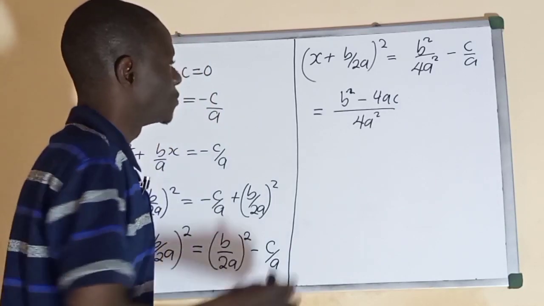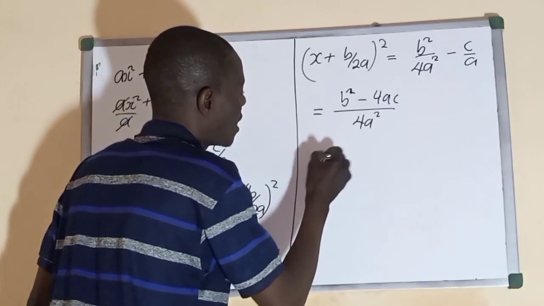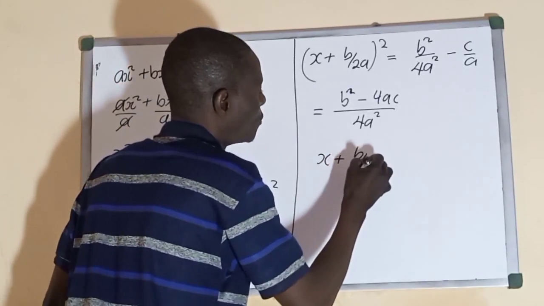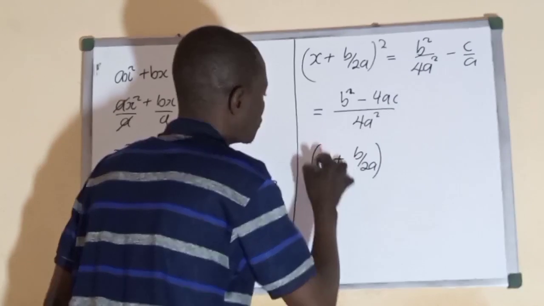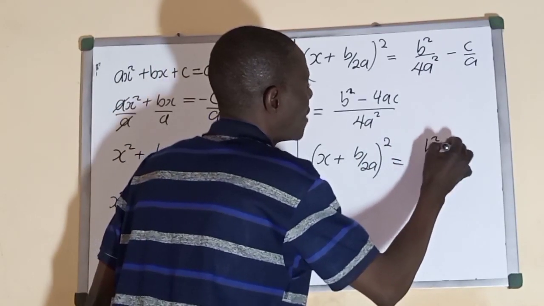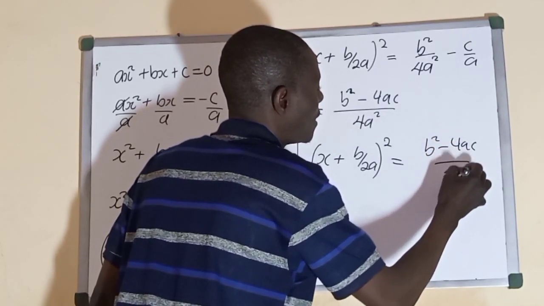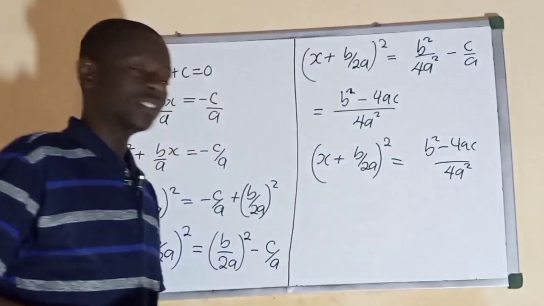Can we continue? So from here we have to take the square root of both sides. Here we have x plus b all over 2a squared is equals to b squared minus 4ac all over 4a squared. Can we see it?